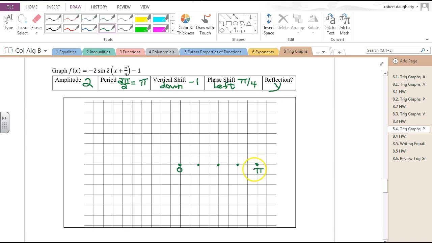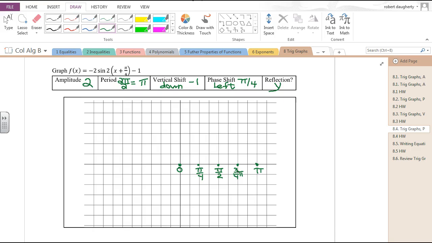Okay, if that's pi, what is halfway between there and 0? That's pi over 2, right? What is half of pi over 2? Pi over 4. So it looks like this is 1/4, 2/4. What is this one? This is 3/4 pi. Okay. So normally I would graph from 0 to pi and I would have a complete cycle. But this one has moved where?